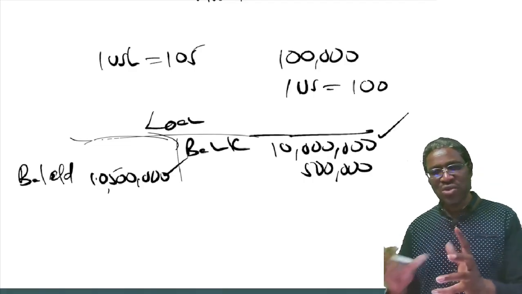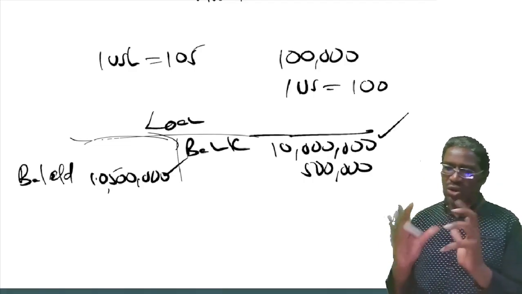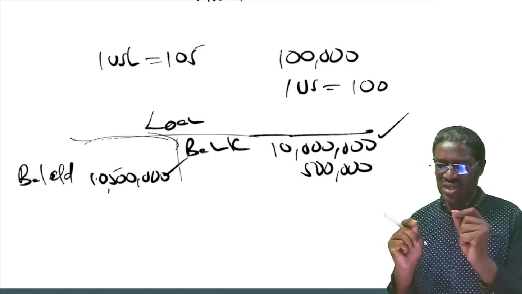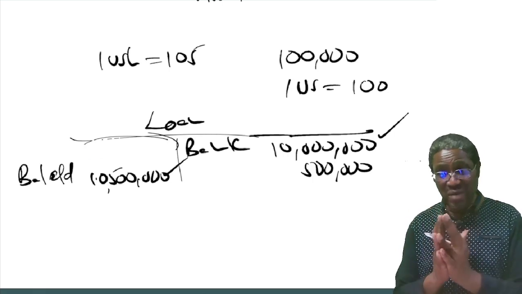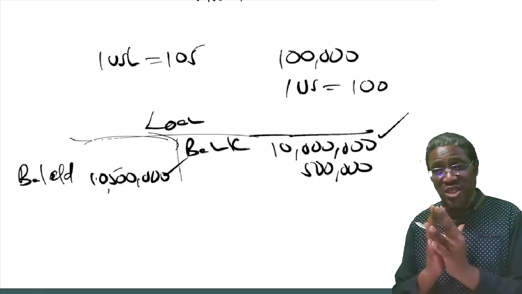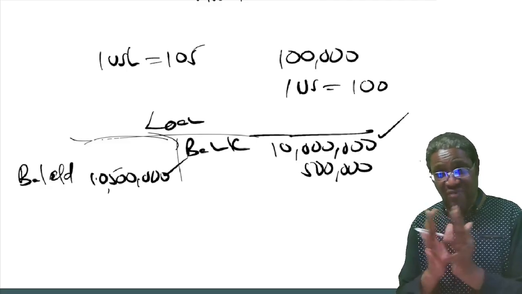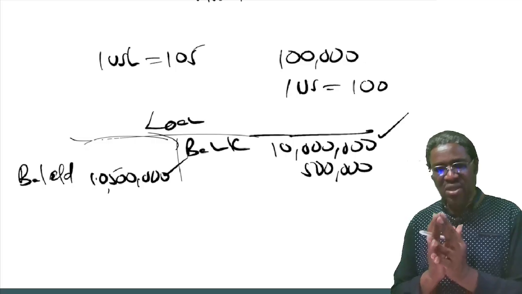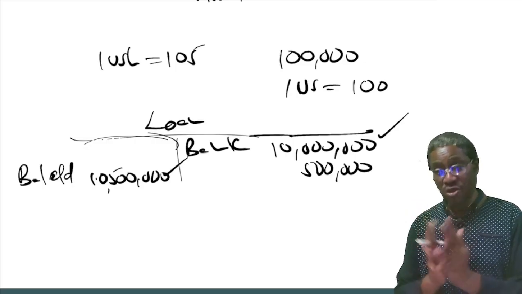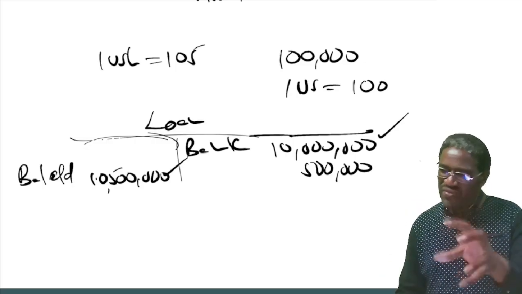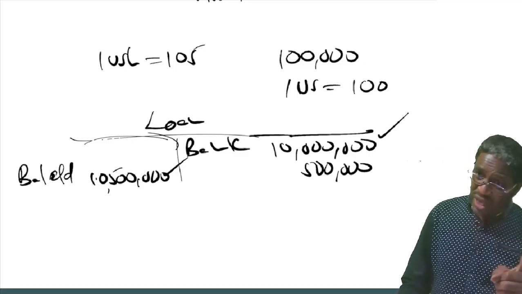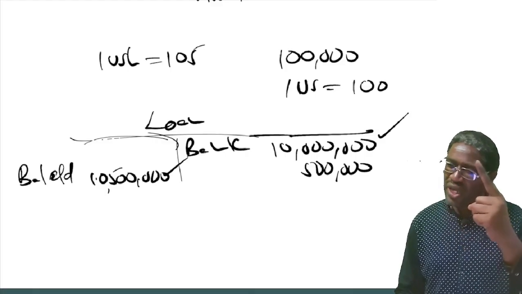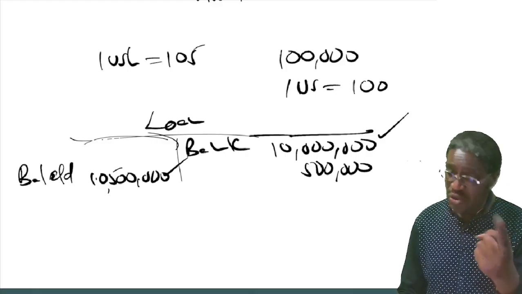Now listen. That 500,000, which is a gain or loss, we call the exchange difference. That exchange difference is a gain or it may be a loss. There are some exchange differences where the rule requires you to take the gain to the P&L, or profit and loss.